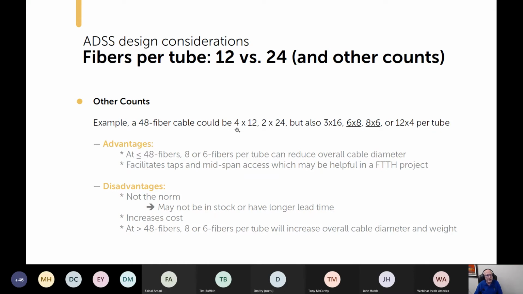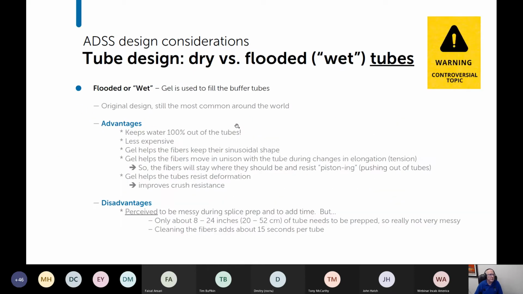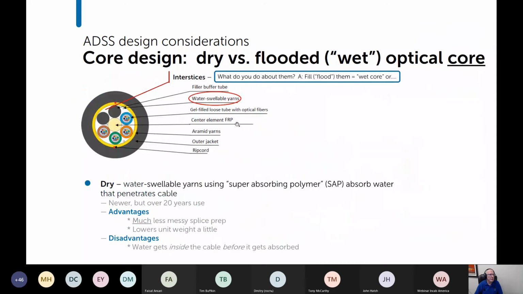The reason is that typically the element count, if I go back to one of my pictures here, the element count is 6, like what you see in this cable. So specifically, this is like a 4 by 12 construction, and then I have 2 filler rods. Well, these are just wasted space.